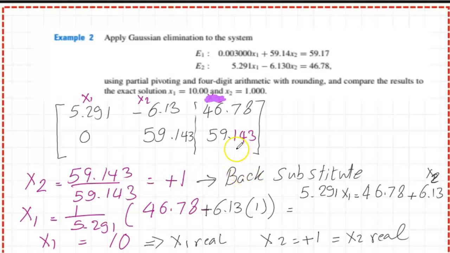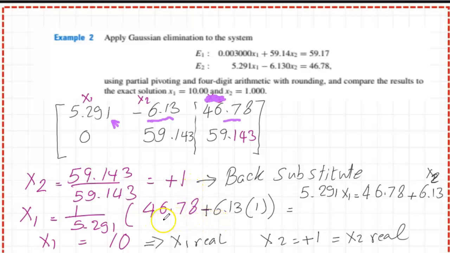We are going to make back substitution into the first equation. The value of x1 equals 46.78 minus, multiplied by minus again, 6.13 x2, divided by 5.291. We see x1 equals 46.78 plus, because minus by minus is plus, 6.13 multiplied by the value of x2, which is plus 1.